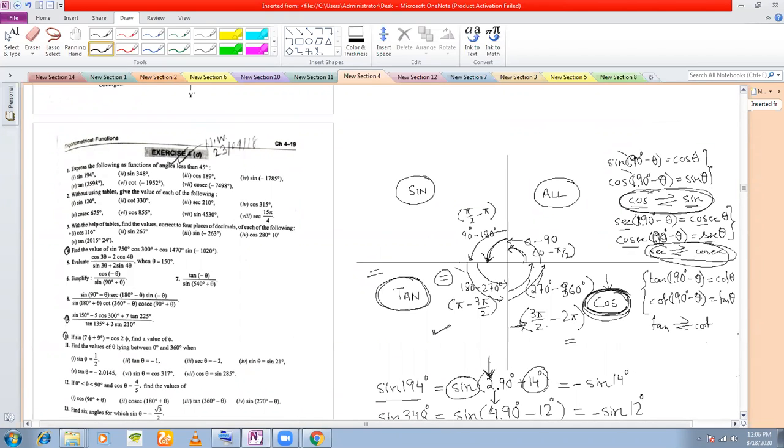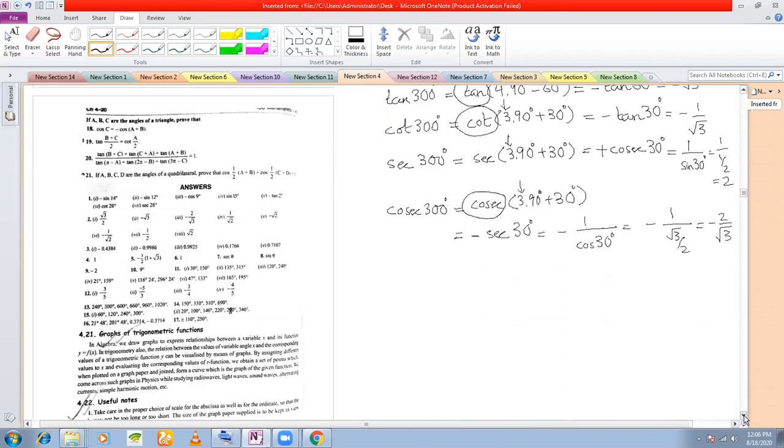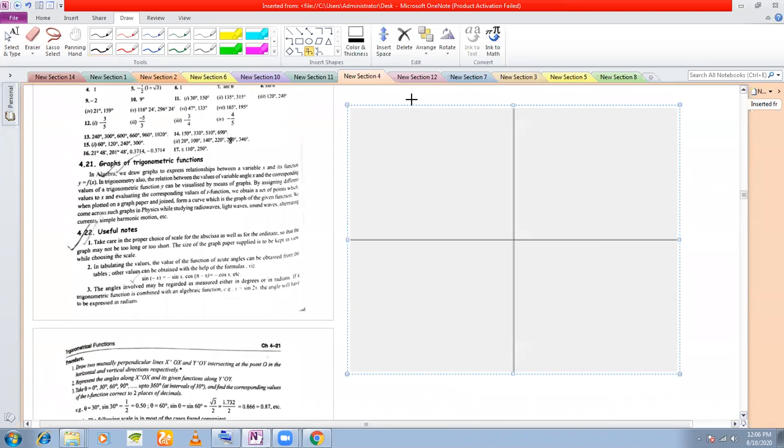But before that, I would like to also tell you that if you have the 4 quadrants, all, sine, tan, and cos are positive in their respective quadrants.